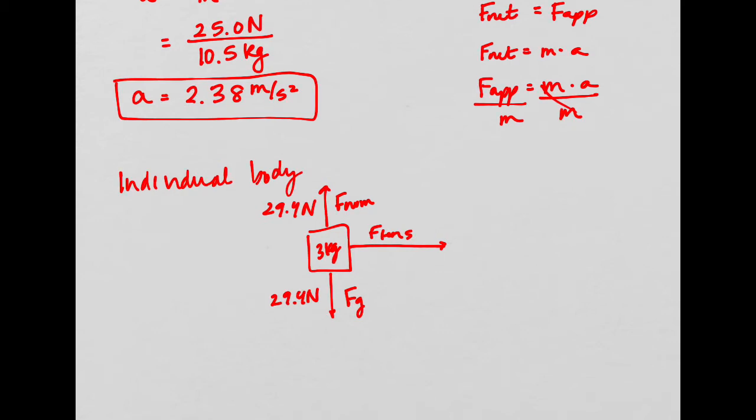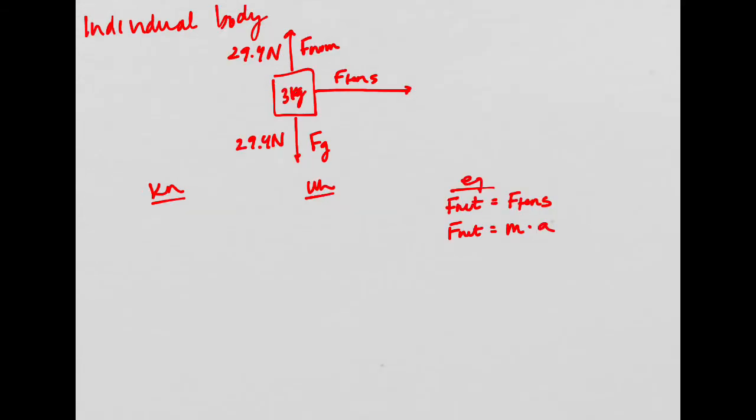What I'm going to do is write all my things out. I know that the net force on this first box is going to be equal to the tension force, right? I know that the net force is also equal to mass times acceleration. All right, so I can say that my tension force that exists in the rope is going to be equal to mass times acceleration.